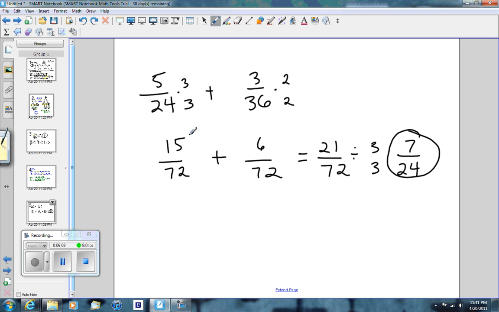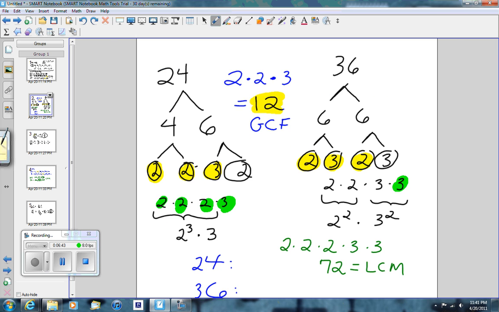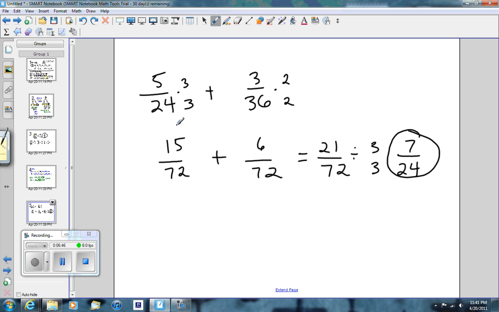Anyhow, that just shows you how the lowest common multiple can be used to find common denominators, which allow you to add these fractions up. It's not something that you typically would just do on your own. It's a skill that we practice, so that we become better at working with numbers and manipulating them, and can look at a couple of fractions like 24 and 36 and know from past experience, making these lists and practicing these trees, that 72 is going to work for these.